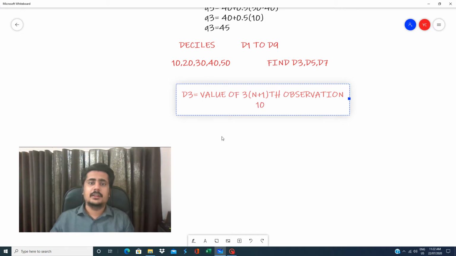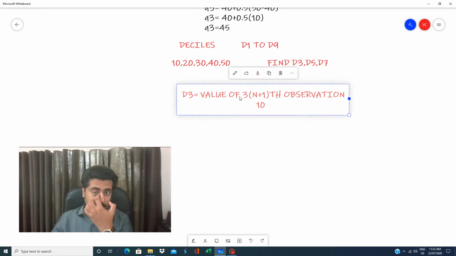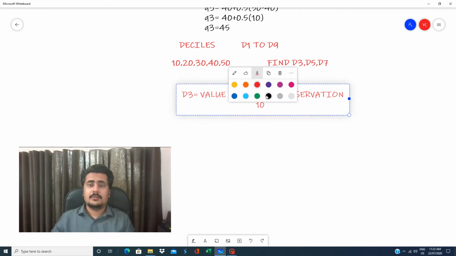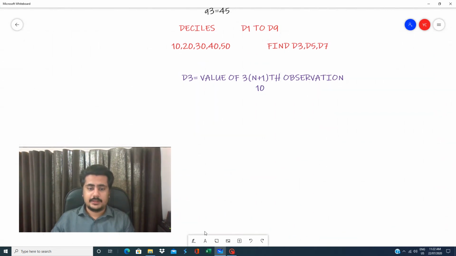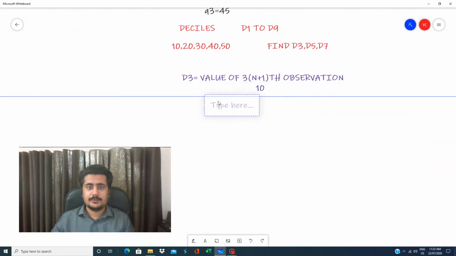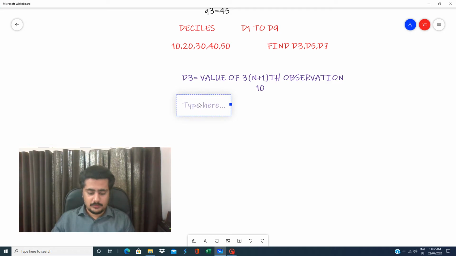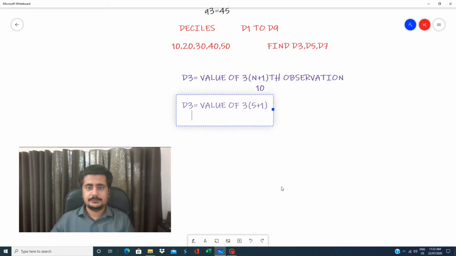So it's 3 into (n plus 1) upon 10. Now by solving this, D3 is equal to value of 3 into (n plus 1) upon 10. What is n here? It's 5, so 5 plus 1 upon 10.